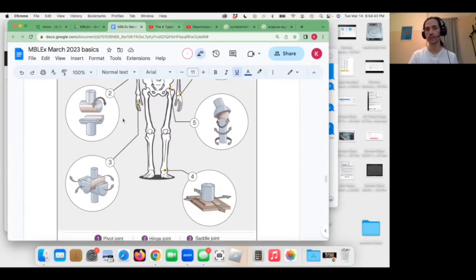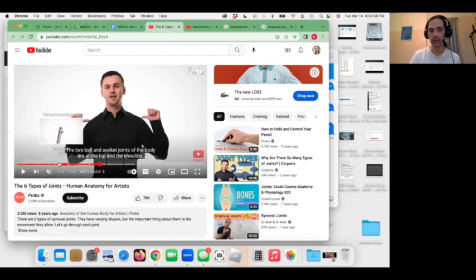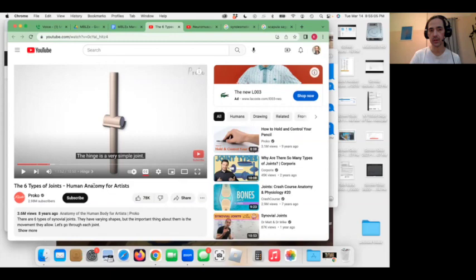One thing I like about this video is that they show, for example, that the hinge joint prevents certain kinds of movements. It allows movement only on one axis.